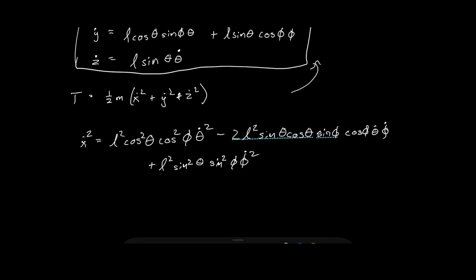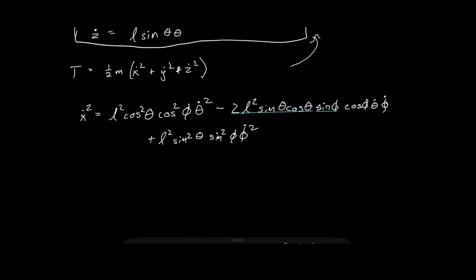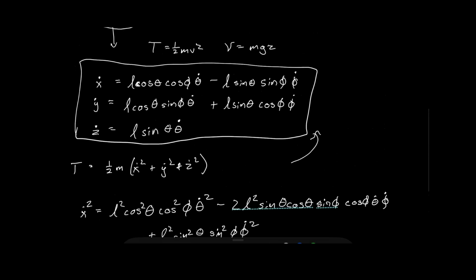Okay, great. So this is pretty complicated. There's a lot of terms here. Hopefully things will start to cancel out. And we've got our y dot squared, and what's our y dot?